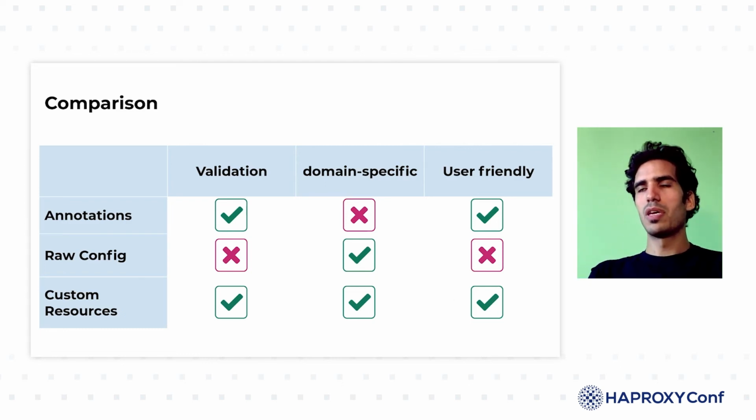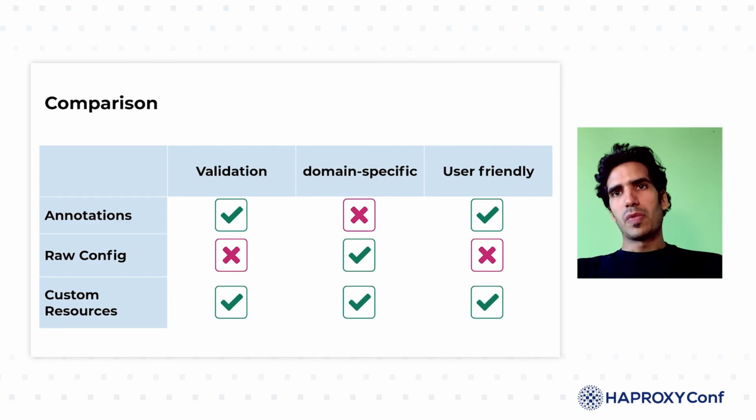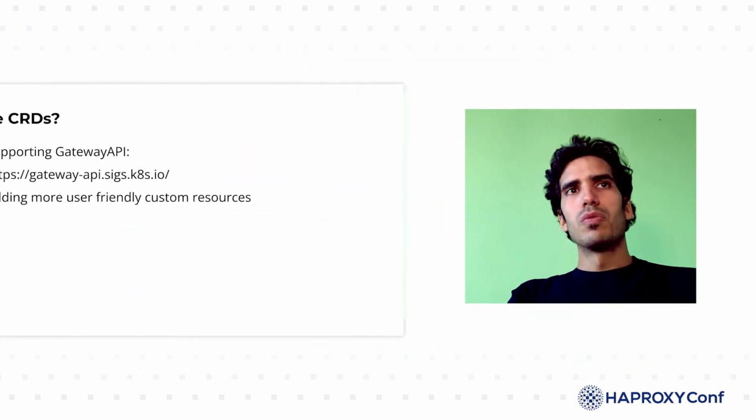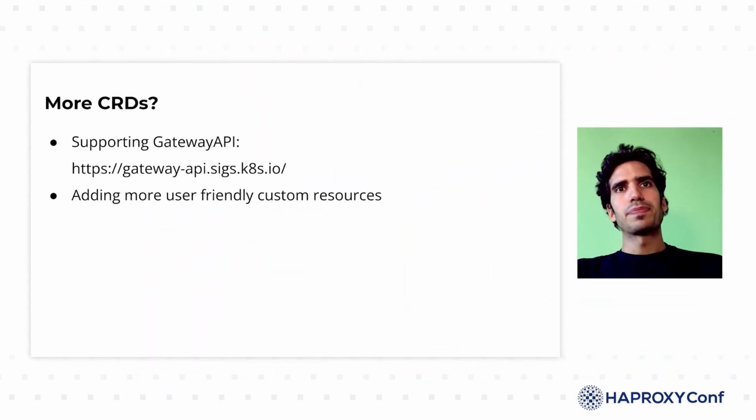So it can be to configure HAProxy, or it can be on a higher level to configure some general behavior like rate limiting or any other behavior. So what we think to do next is to support Gateway API, which is based on CRDs too.